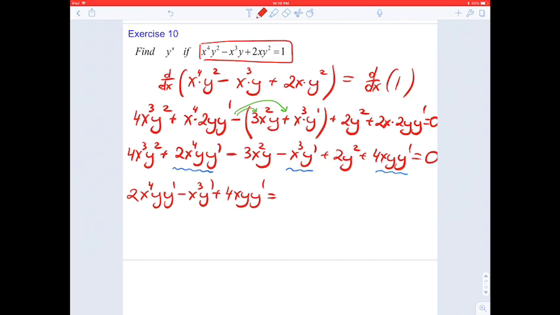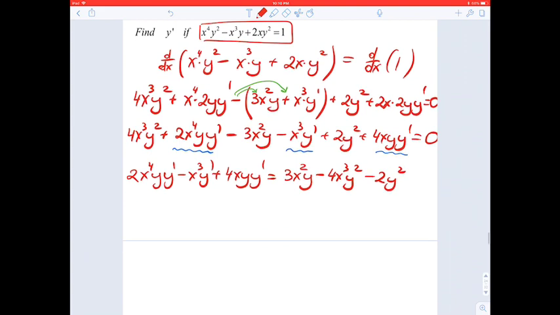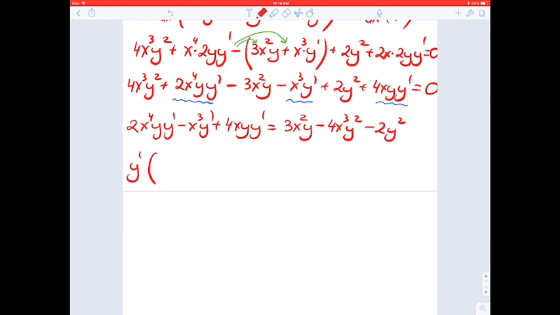But I will start with the negative one, which means I will be adding 3x squared y to both sides of the equation. I will subtract 4x cubed y squared, and I will subtract 2y squared. Now, just factoring y prime, I have 2x to the power of 4 y, minus x cubed, and then plus 4xy. And nothing changed on the right hand side.